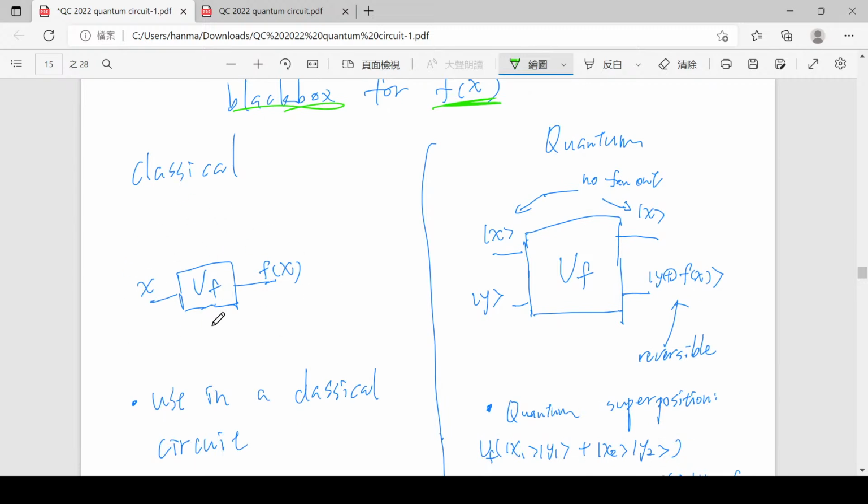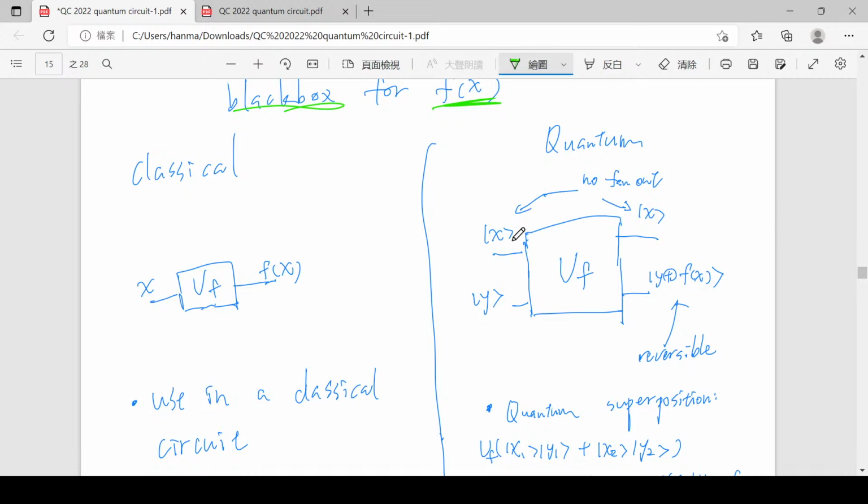You can think of it as just one register because you don't need to satisfy reversibility. You have some input x and you go through this black box, and it gives you f of x. You don't need to be reversible, because you can just copy x somewhere, so you also don't need to keep x. And it's using a classical circuit, obviously.